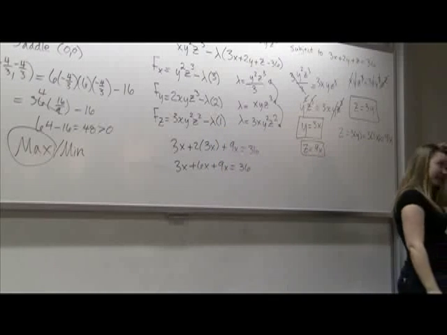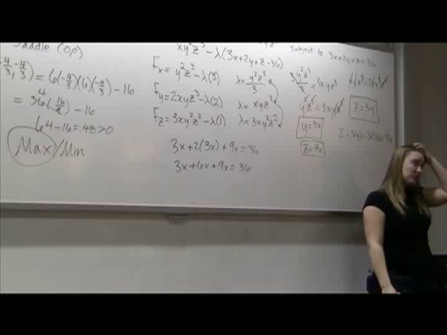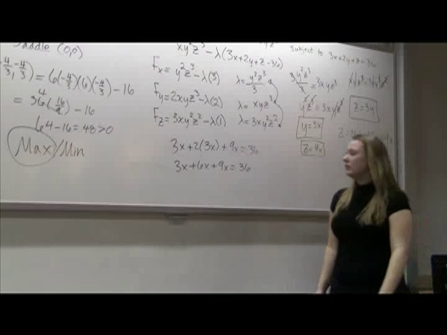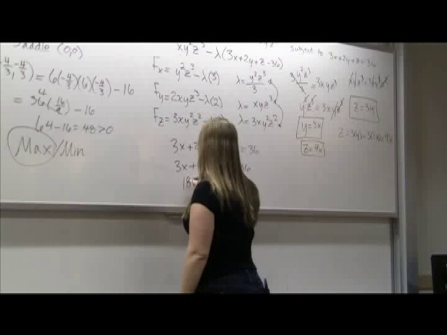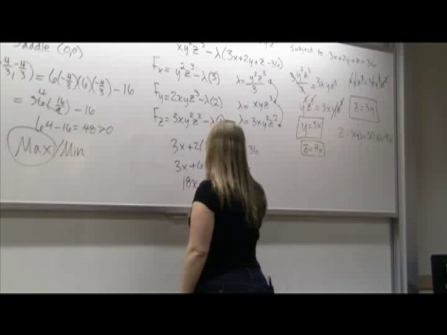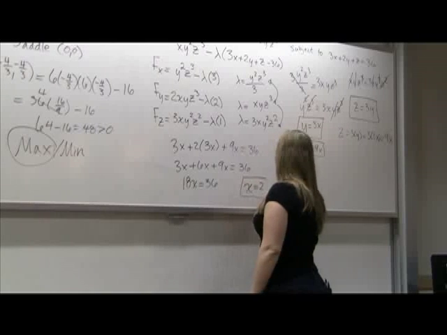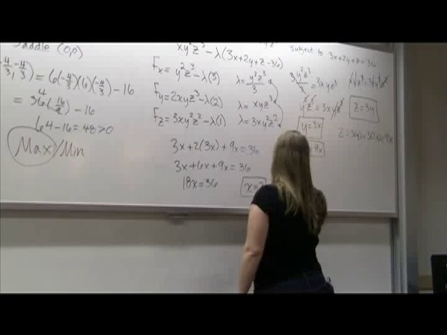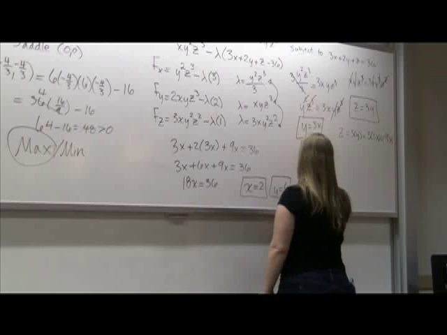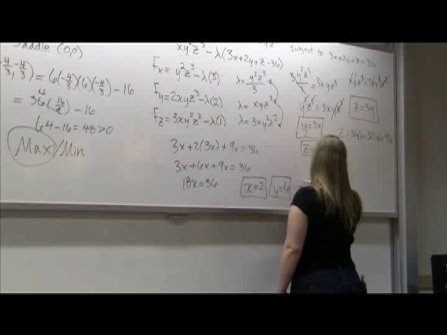So I get 18x equals 36, so x equals 2, y equals 6, and z equals 18, which I'm going to write down. So if x equals 2, that means y equals 6, which means z equals 18.